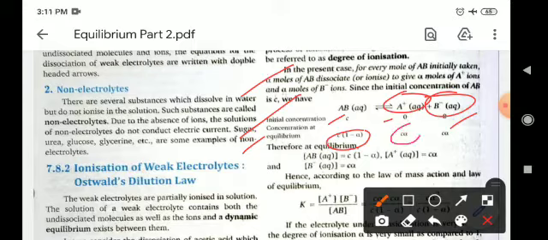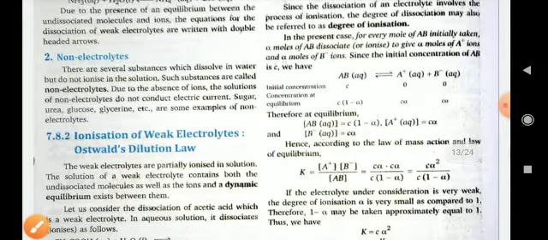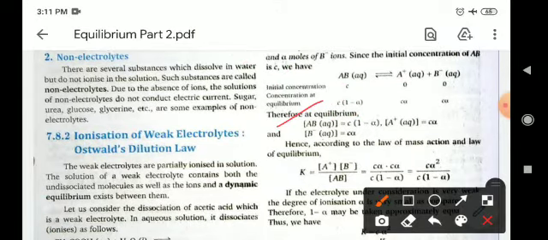So for the cation A+, C alpha, and for the anion B-, C alpha will be formed. Therefore at equilibrium, AB equals C(1 - alpha), A+ equals C alpha, and B- equals C alpha.